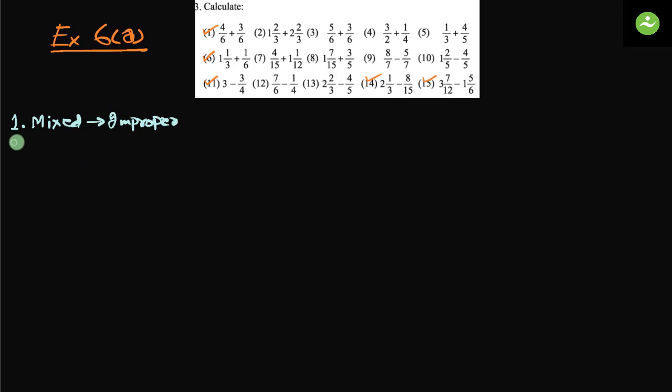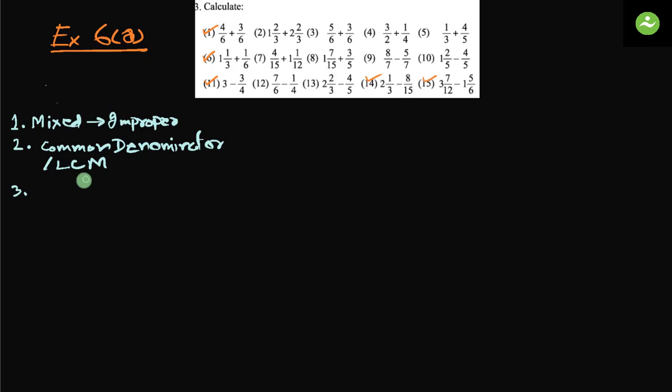Then if the denominators are the same, then you don't have to do anything, it's easy. But if denominators are not the same, then you have to find a common denominator, or least common multiple, LCM.